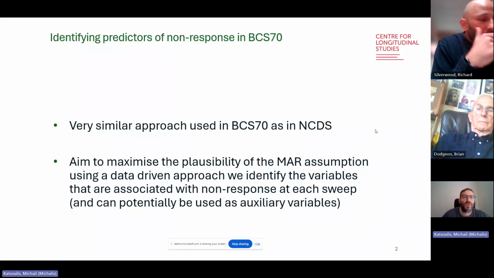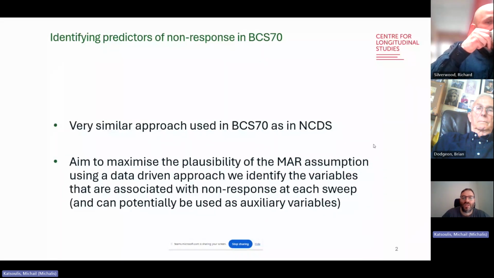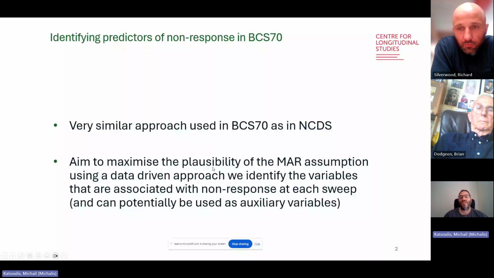I will present how we identified predictors of non-response in BCS70. We implemented a very similar approach to the one that has been used in NCDS, as Richard mentioned before. Our main aim was to maximize the plausibility of the missingness at random assumption using a data-driven approach.